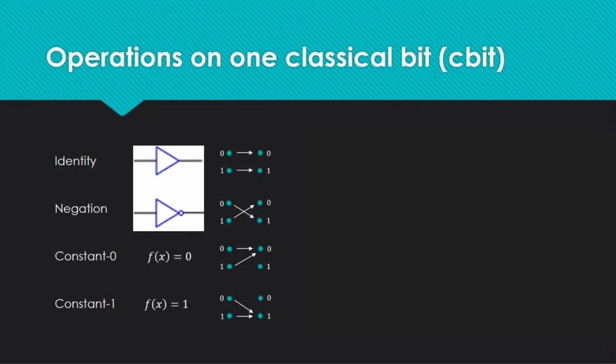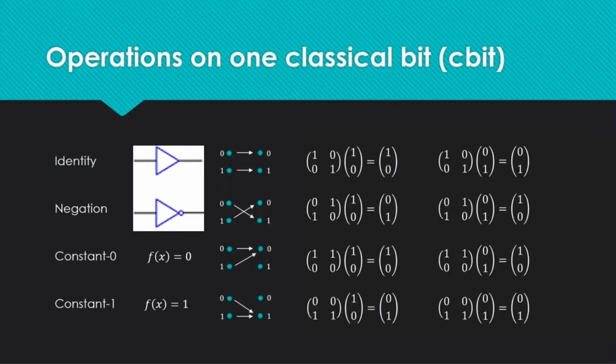The other way to represent a function is using a matrix. For every function, there is a matrix that can be applied to the c-bit in such a way that that c-bit will be transformed into a new c-bit. So here, for example, the identity matrix 1, 0, 0, 1, when you multiply it by this c-bit, if you remember how to do matrix multiplication from school, that's great, it turns it into a c-bit, in this case the same one.